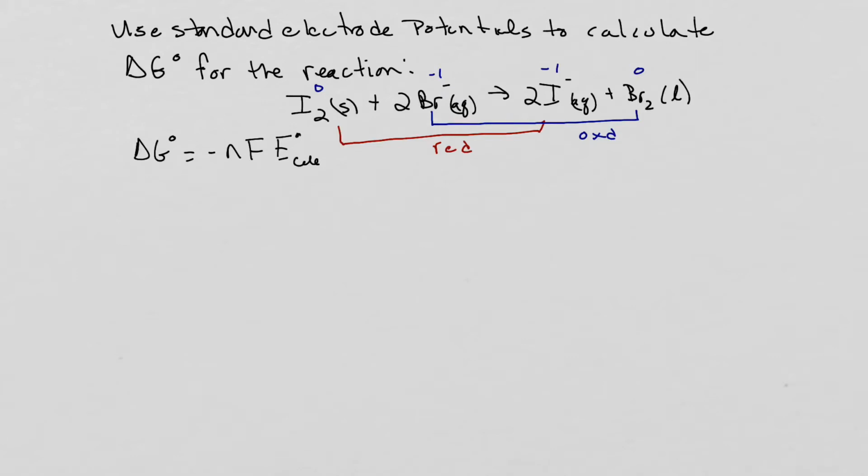If we look up in the table, our two half cells are going to be: 2Br minus aqueous goes to Br2 liquid plus 2 electrons.